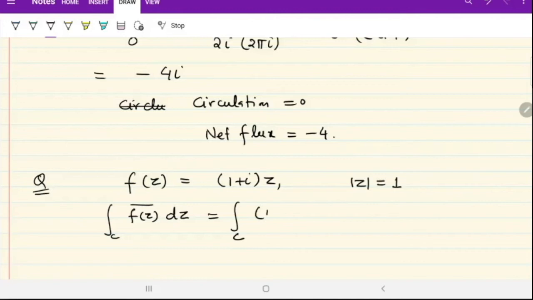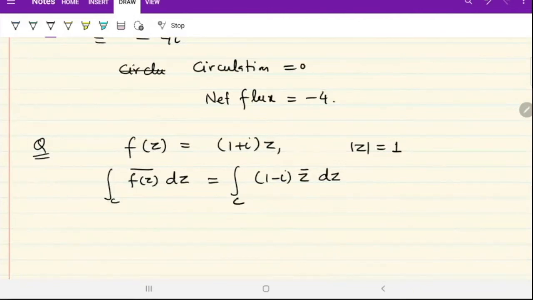That is going to be 1 minus i times z conjugate. Again, you can use the same idea: z times z conjugate is 1. So this is the integral over C of (1 minus i) divided by z dz.